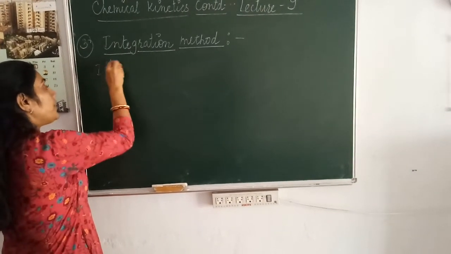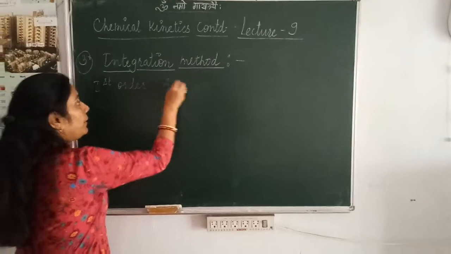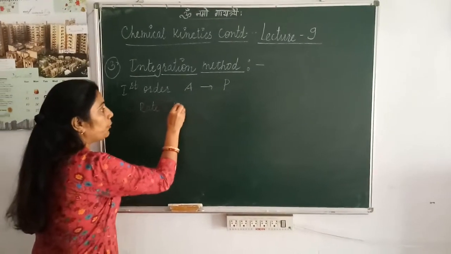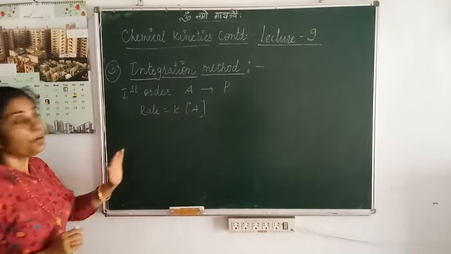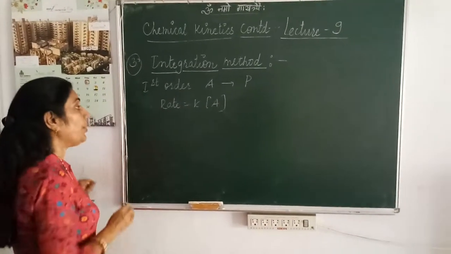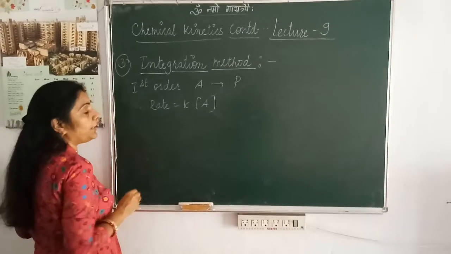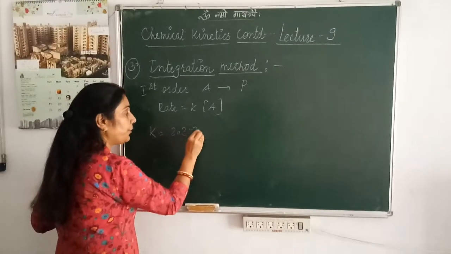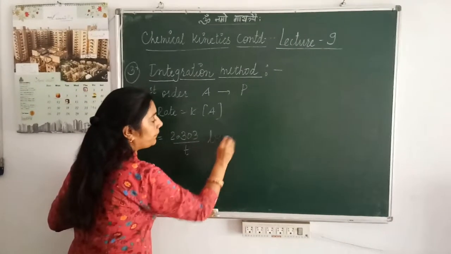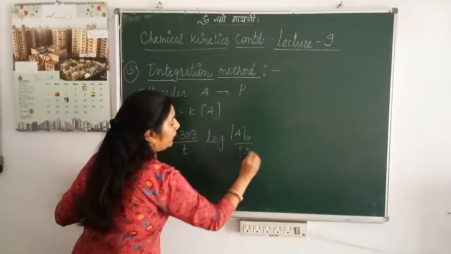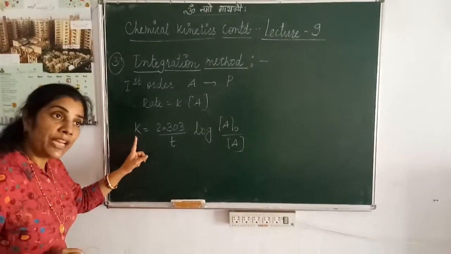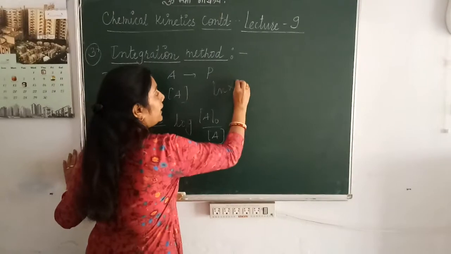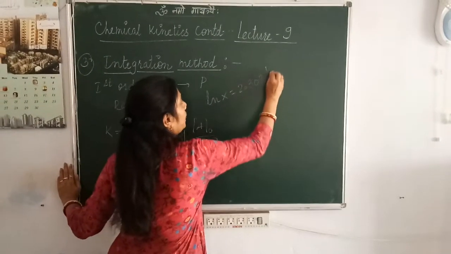So let's see, for first order reaction, as usual A is converted to product. In this case, rate is equal to K into A to the power 1, since the reaction is first order. After deriving, we get the expression that K is equal to 2.303 by T log A naught by A. K, as usual, is the rate constant for first order. 2.303 is the constant; as you all know, ln x is equal to 2.303 log x.